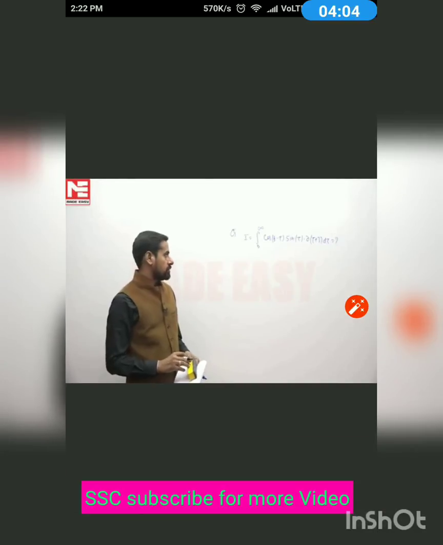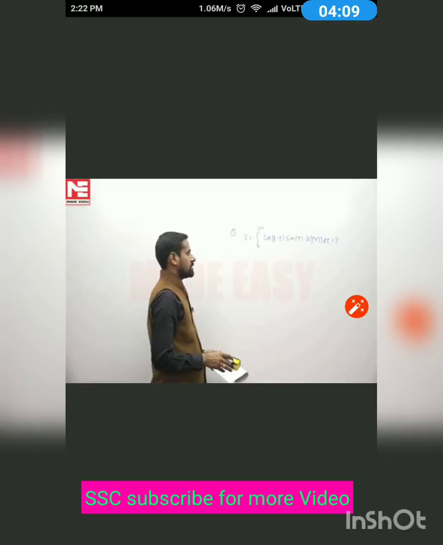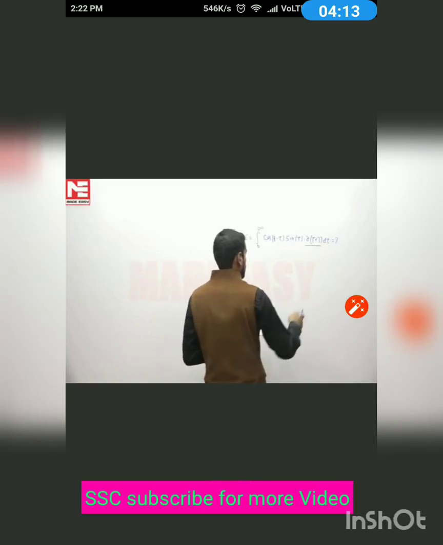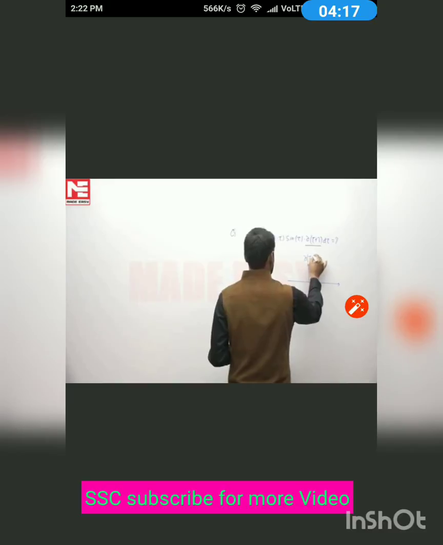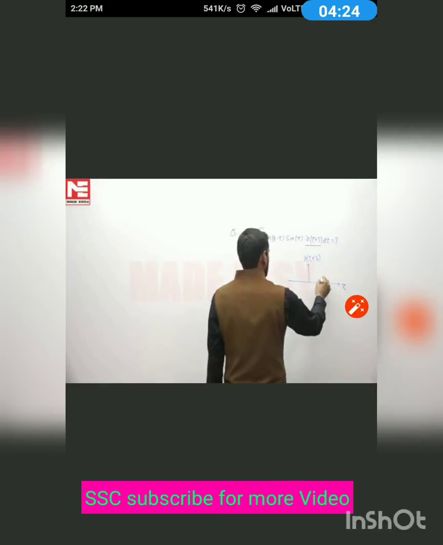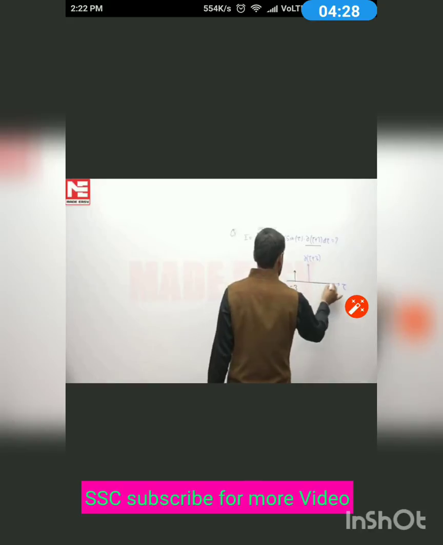In the next question, we have to calculate the value of this integration. Now this integration is related to the impulse function delta(tau plus 3), and if we draw the waveform for delta(tau plus 3) with respect to variable tau, then the location of the impulse will be at tau equals to minus 3.